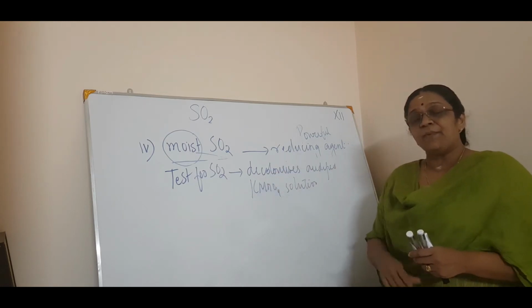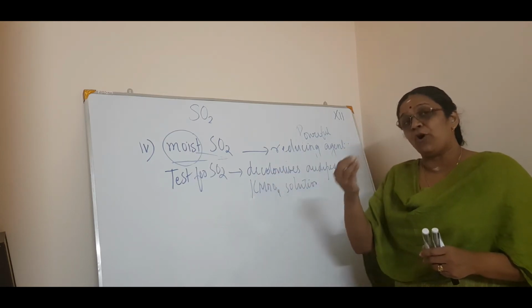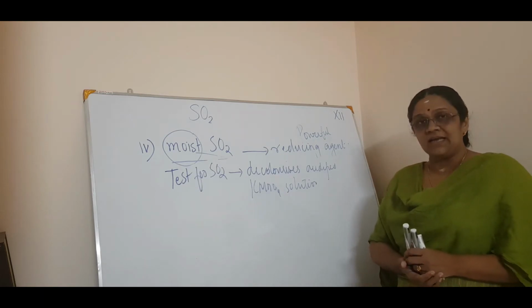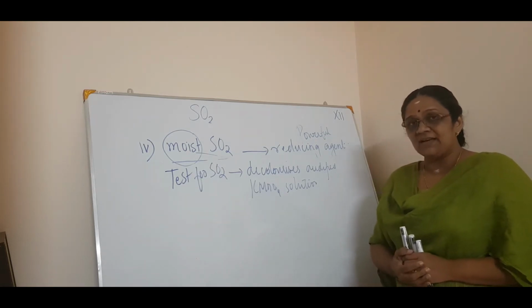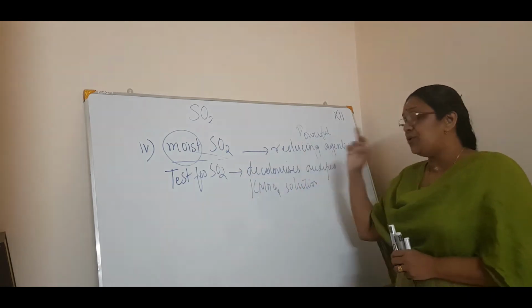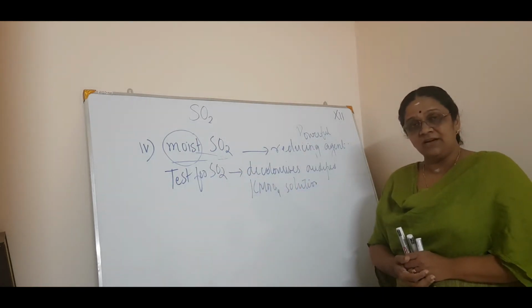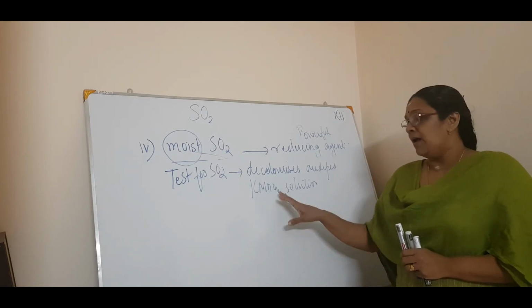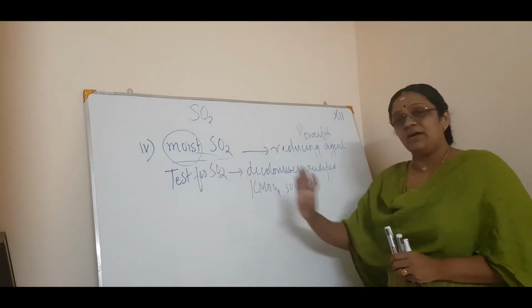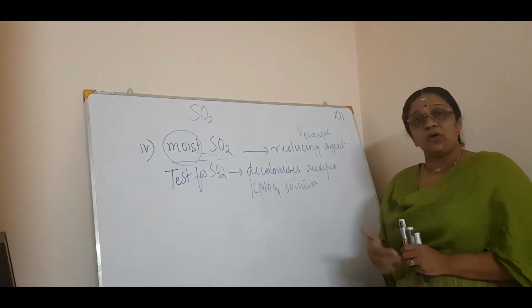Decolorize means the purple color will vanish and it forms a colorless solution. And that observation shows that the sulfur dioxide is a reducing agent. Clear? So, board exam repeated questions is asked, that is, give a test for sulfur dioxide. So, this is the test for sulfur dioxide.